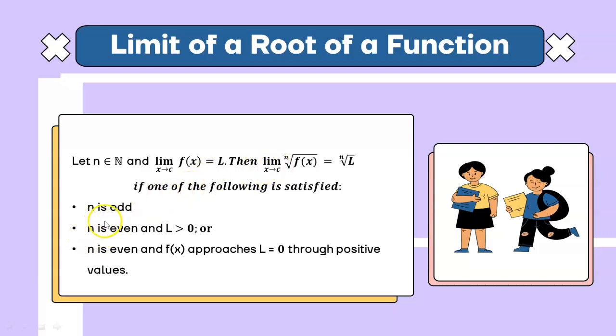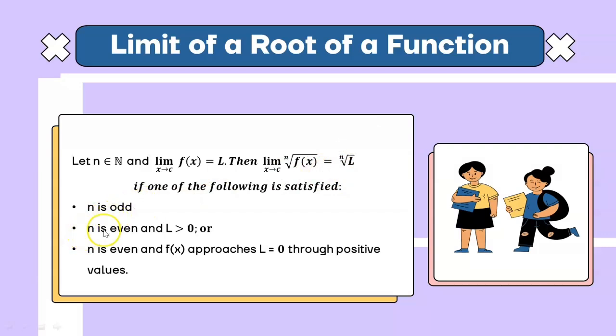Now the rules for radicals of course should be applied in this case. If n is odd, the radicand, our limit, can be positive or negative, as long as the index is odd.